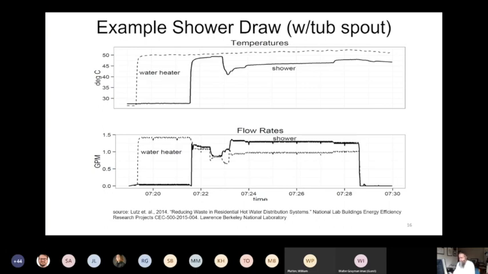And then at 7:29 they turned it off. That shows the difference between use, as we're calling it, and demand. The use is from 7:19 to 7:29, roughly speaking. The demand was from 7:23 to 7:29. So over a third, almost a half of the use was not actually productive. And that's for showers. Next slide.